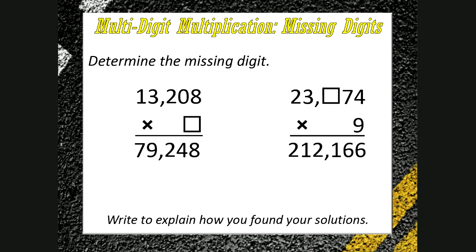I have 6 equations here where there is an unknown. Here we have a missing digit multiplication, and we solve this.